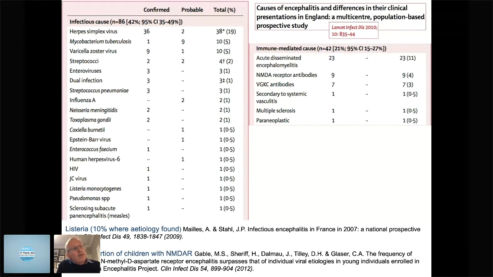Because this study recruited patients about 15 years ago, the autoantibody forms of encephalitis were not routinely sought. And actually, in this study, the autoimmune antibody-associated forms of encephalitis were all diagnosed retrospectively. And that's important as we move on, as I will show you.